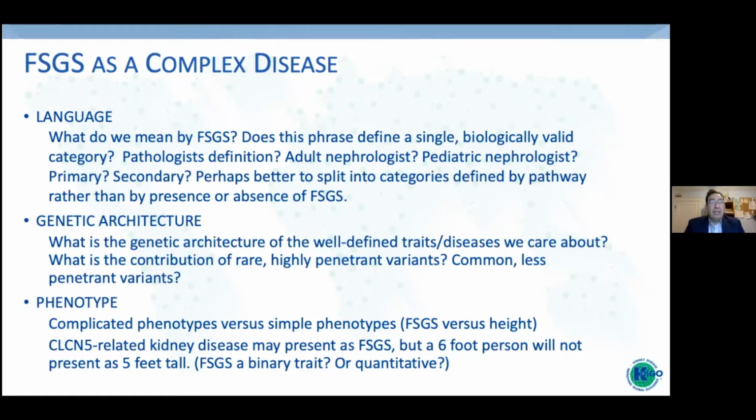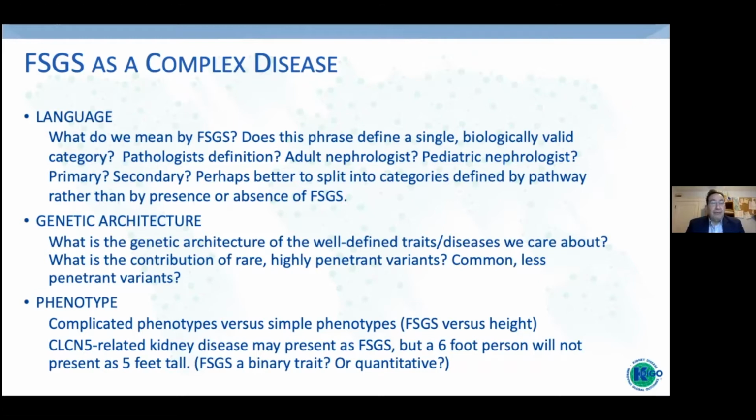Is FSGS defined probably as it should be by what a pathologist sees when looking at histology? Should we use it in the way that adult nephrologists typically use it in everyday parlance, the way pediatric nephrologists use this phrase? Are we talking about primary or secondary FSGS?